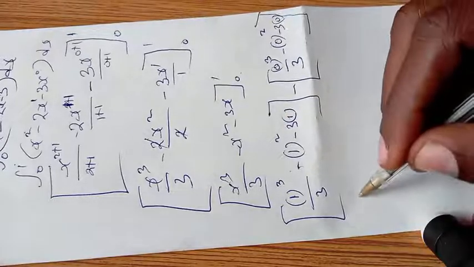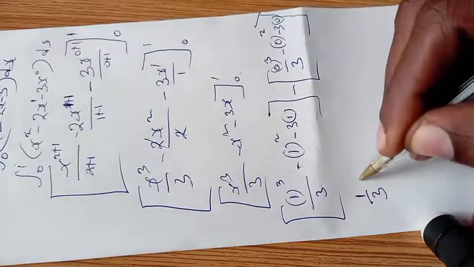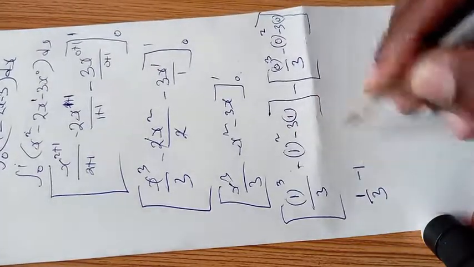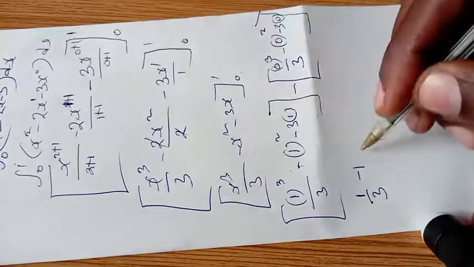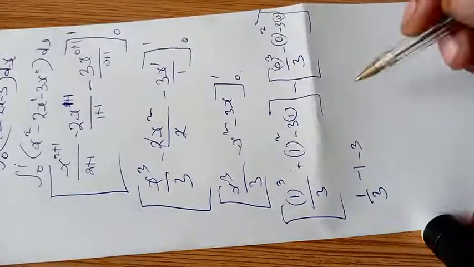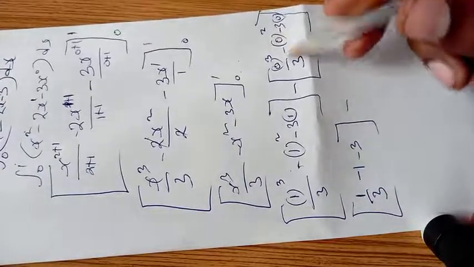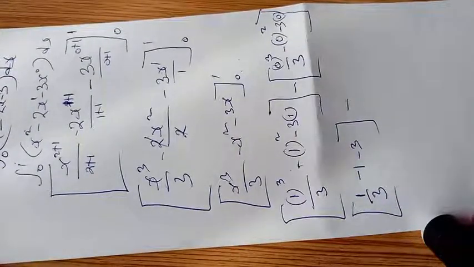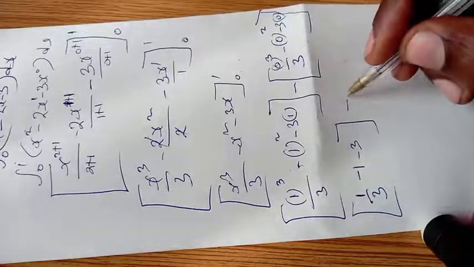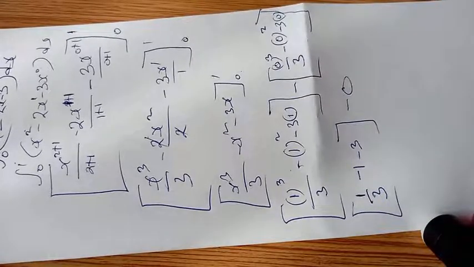So 1 to the power 3 is 1, over 3, minus 1 squared is 1, minus, this is negative 3 times 1, negative 3. Now this side, since there's 0, 0, 0, 0, your final answer will be just a 0. Some people won't even write this because it's a 0. They know whenever you replace in this case it will be just a 0.